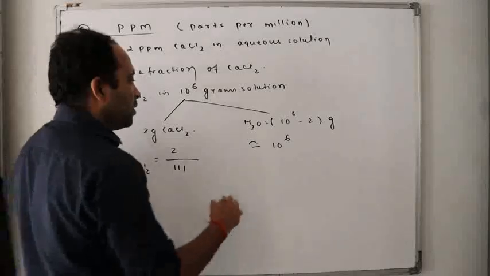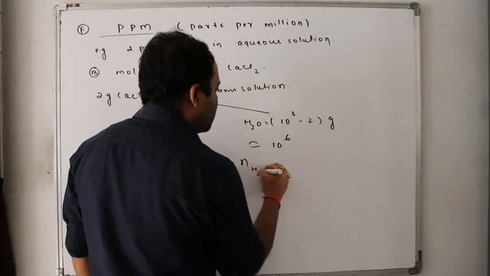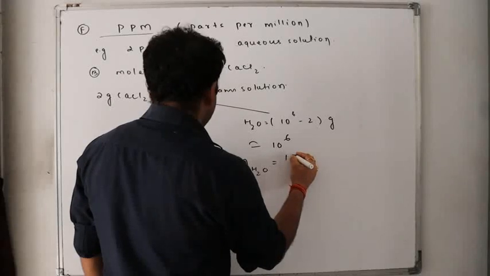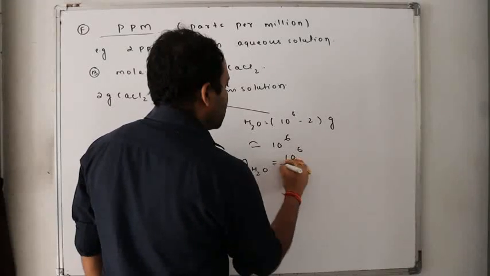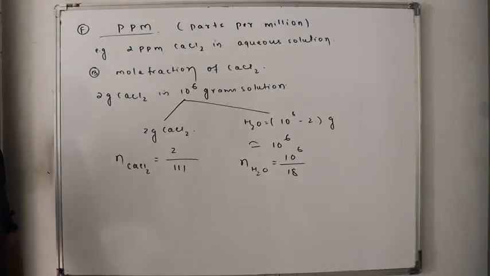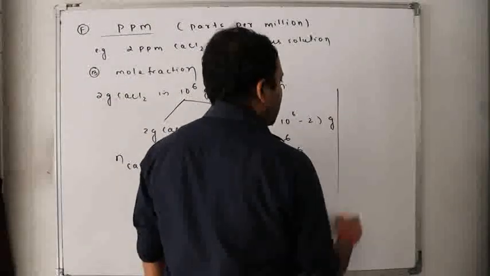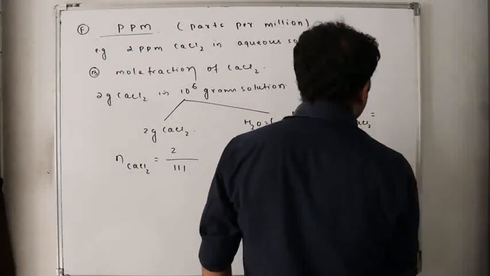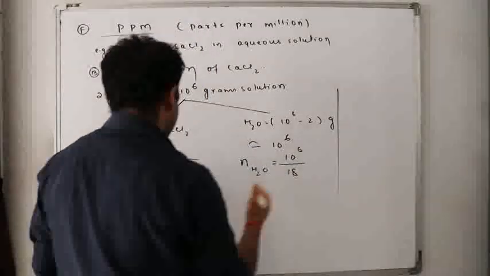This is the number of moles. What is the number of moles of water? Is it 10 to the 6 by 18? Say yes or no? Now they have asked about what? Mole fraction of CaCl2. Mole fraction of CaCl2 is how much? Let me write it here.